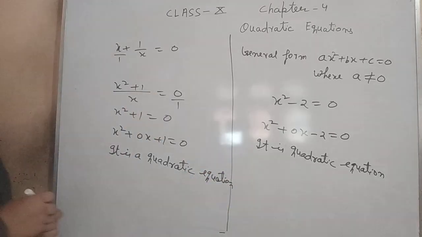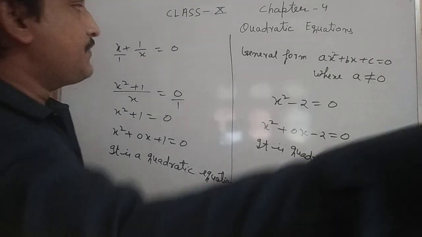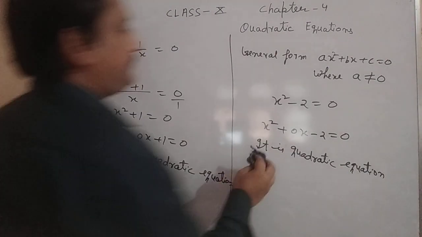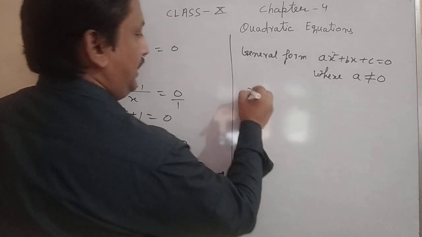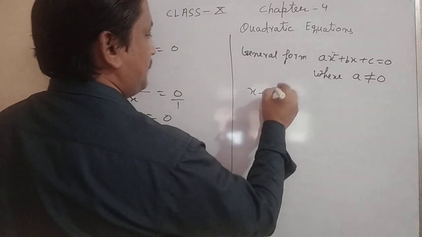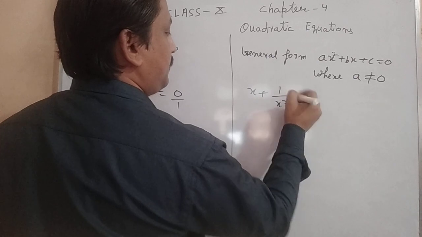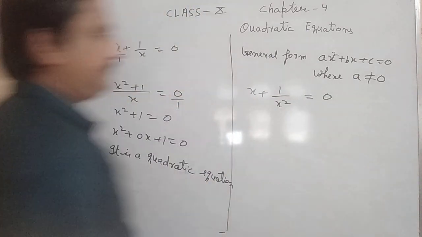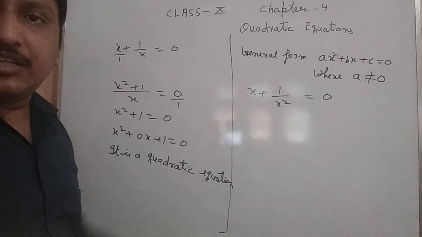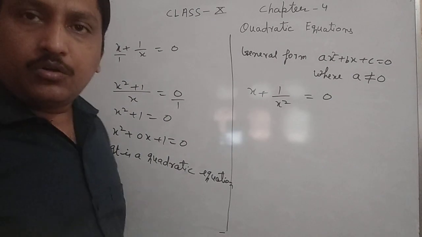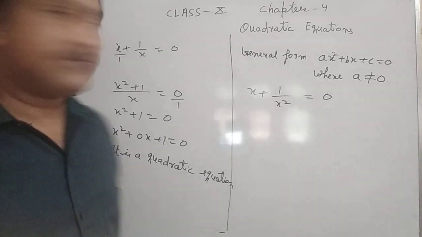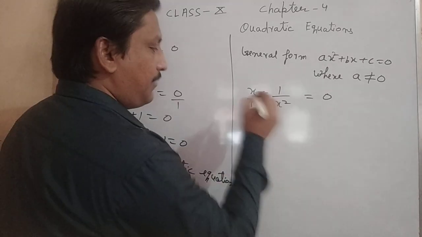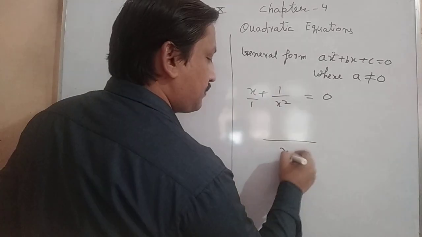Now another type of equation, suppose this equation is given: x plus 1 upon x square equals to 0. Now we have to check whether it is a quadratic equation or not. Again we simplify it, taking the LCM x square.